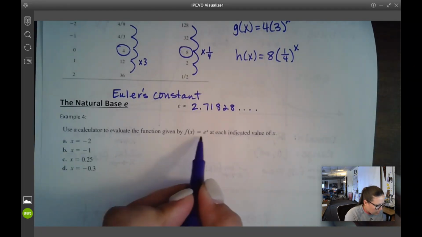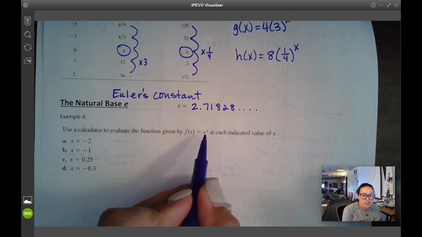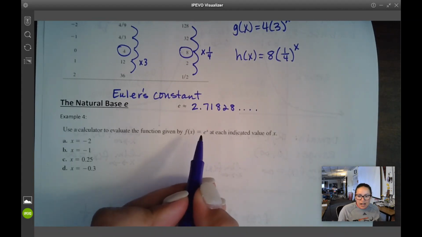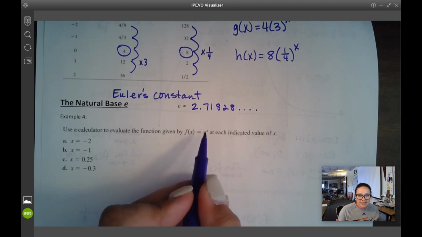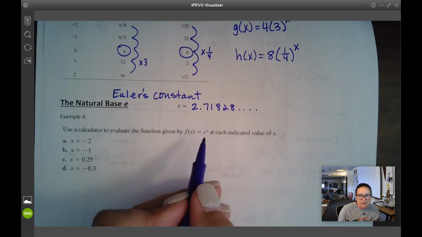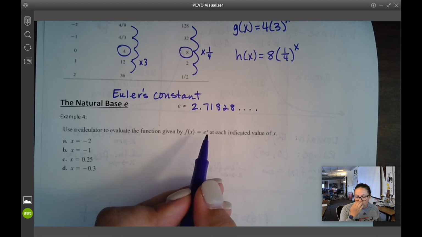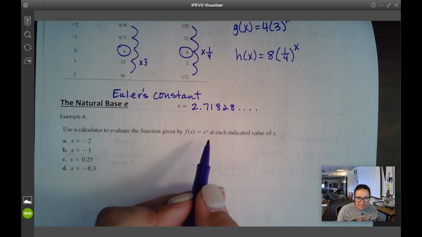So e to the x is just an example of another exponential function. It just is that our base is 2.7. But we don't write 2.7, we just write e. So if it makes you feel better to think of it as 2.7 to the x, think of it as 2.7 to the x.